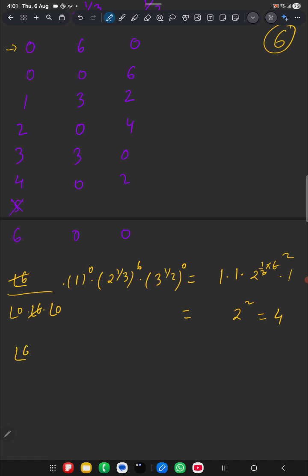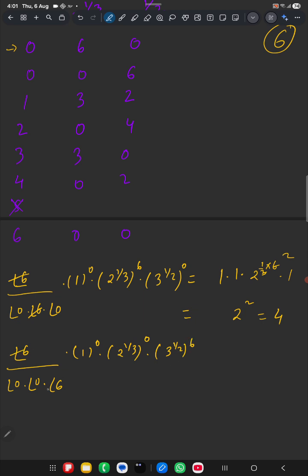In the second case, factorial 6 divided by factorial 0 into factorial 0 into factorial 6, and 1 raised to the power 0, 2 1 by 3 raised to the power 0, into 3 1 by 2 raised to the power 6.